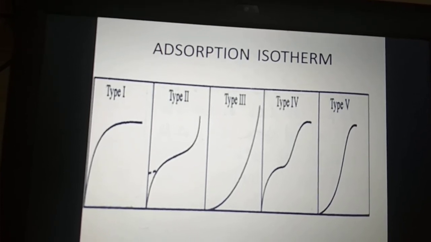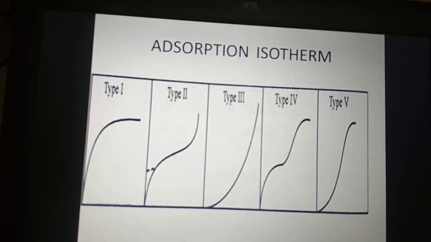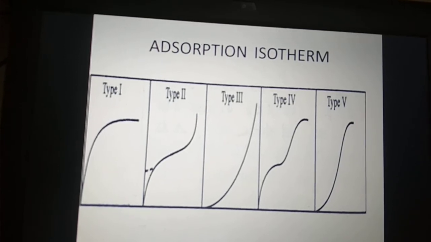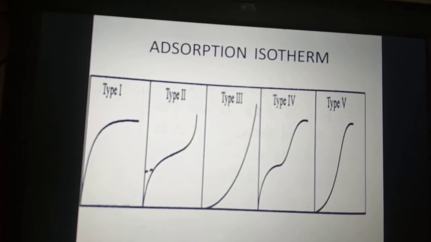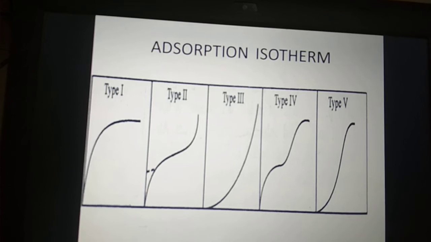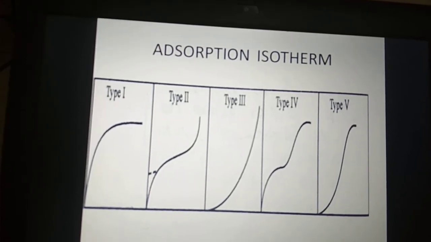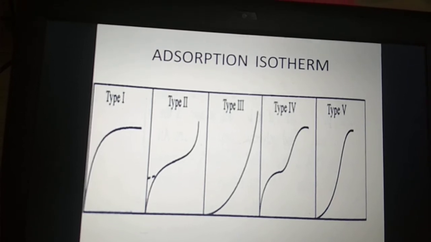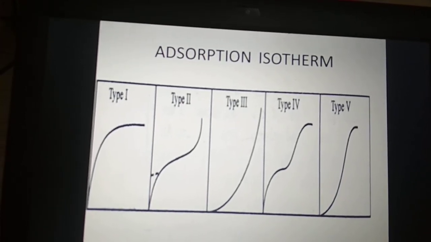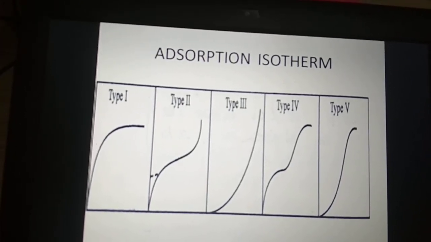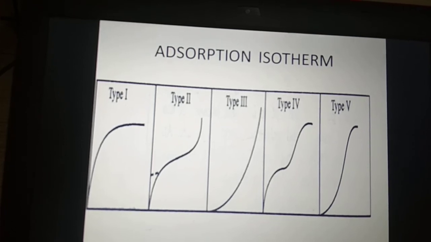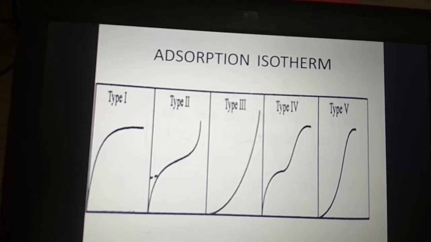In the third isotherm, there is no transition between monolayer and multilayer. It means monolayer and multilayer formation start simultaneously. The fourth type of isotherm shows saturation of both monolayer and multilayer.